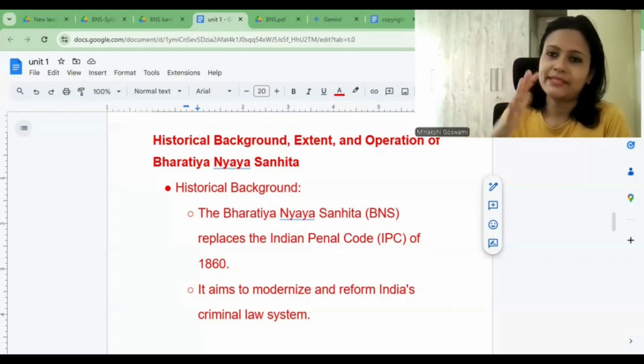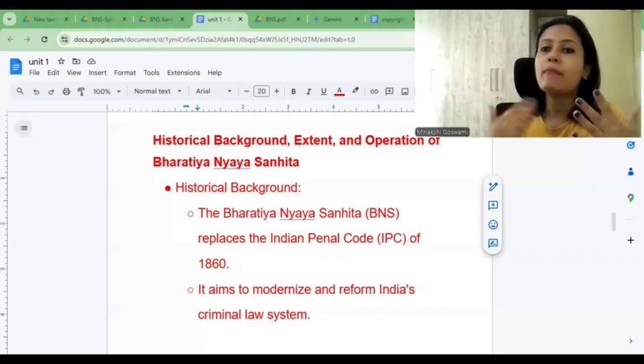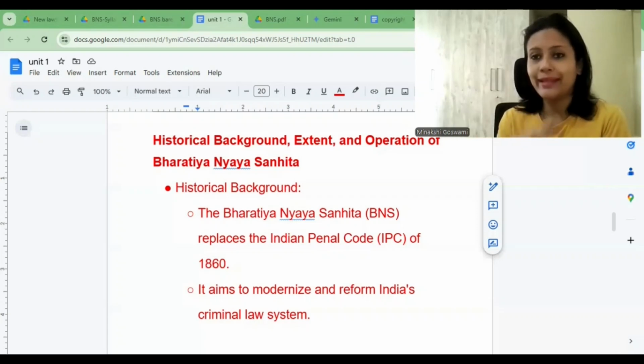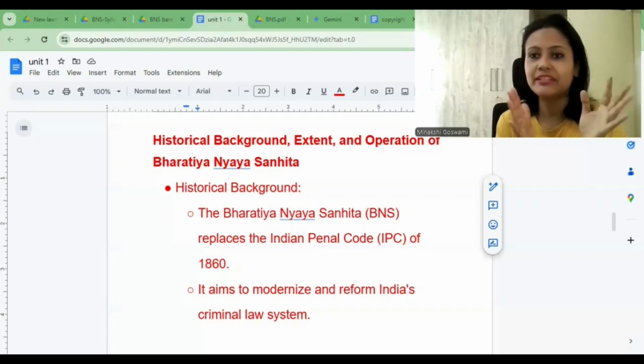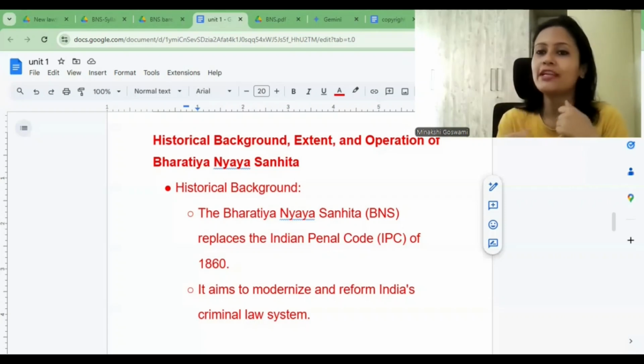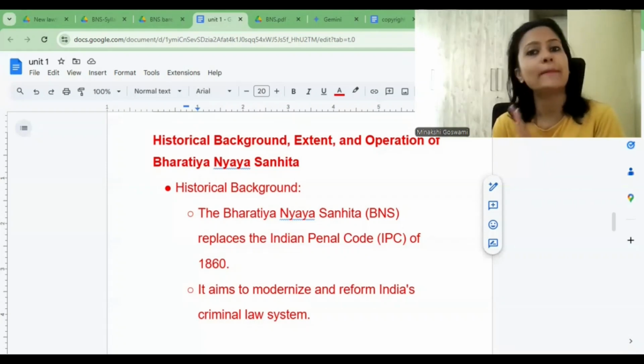Now we all know that IPC has been applicable since the time of the Britishers. And this particular legislation was amended multiple times. But then BNS has replaced it. Now, what is the difference between amendment and replacement? Amendment is within the same legislation, you make some changes, you either add something, delete something, or modify something. That is nothing but amendment.